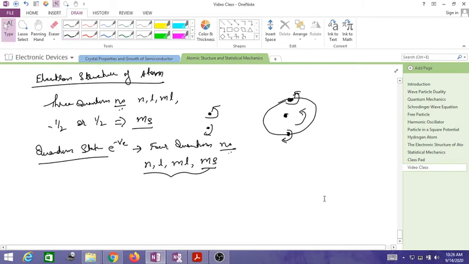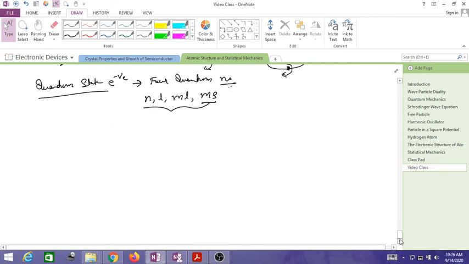Now the Pauli exclusion principle states, as I told you, that no two electrons can occupy the same quantum state. Thus in a multi-electron atom, no two electrons have an identical set of quantum numbers, and this limits the number of electrons that can go into s, p, d and f levels.